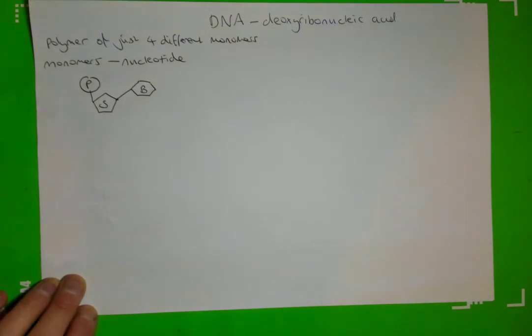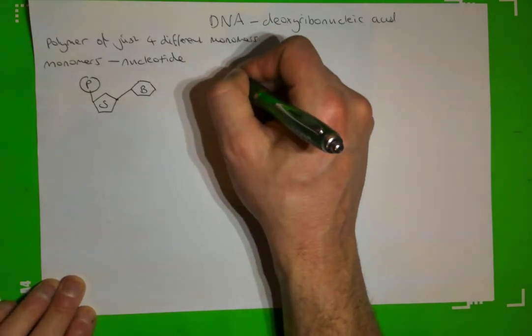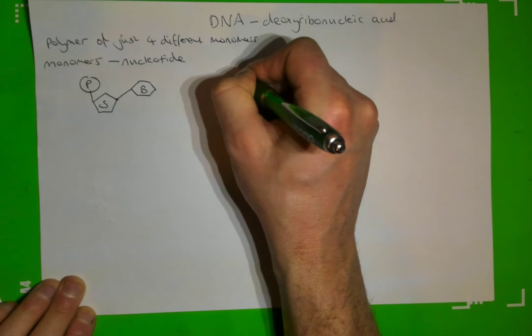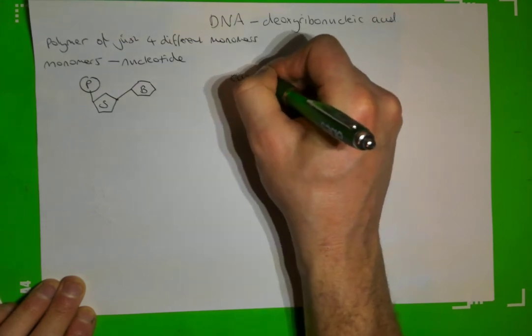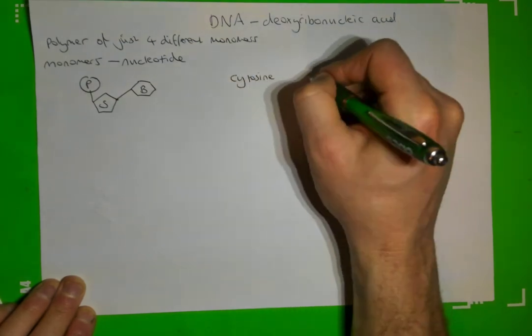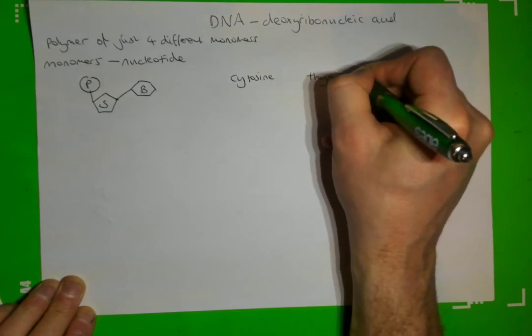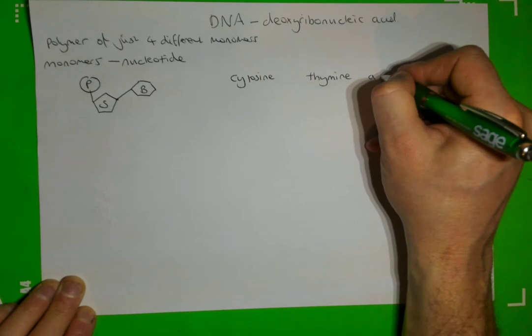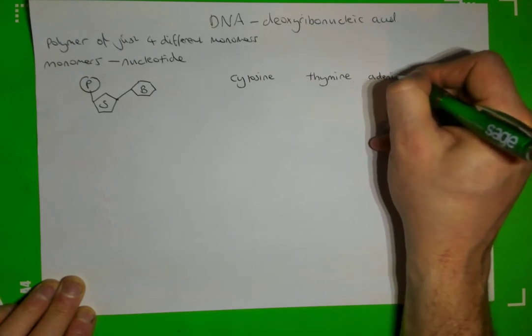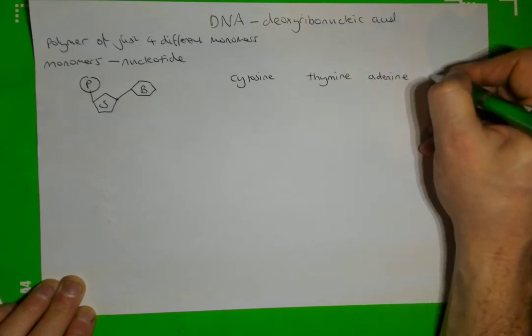Now there's 4 different bases. One's called cytosine, one's called thymine, one is called adenine, and the 4th one is called guanine.